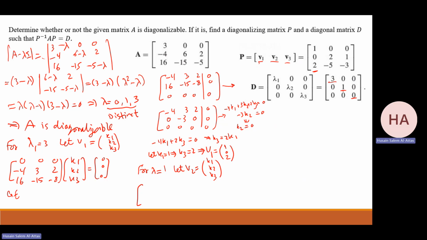The system becomes: I have minus 1, so I have 2, 0, 0, minus 4, 5, 2, 16, minus 15, minus 6. So I'm getting 2k1 equals 0.